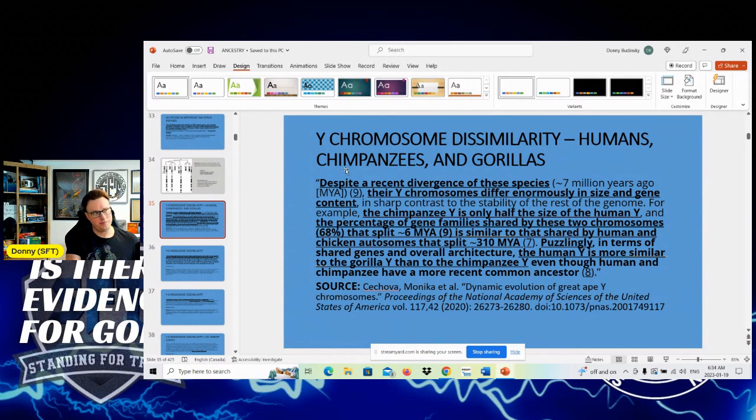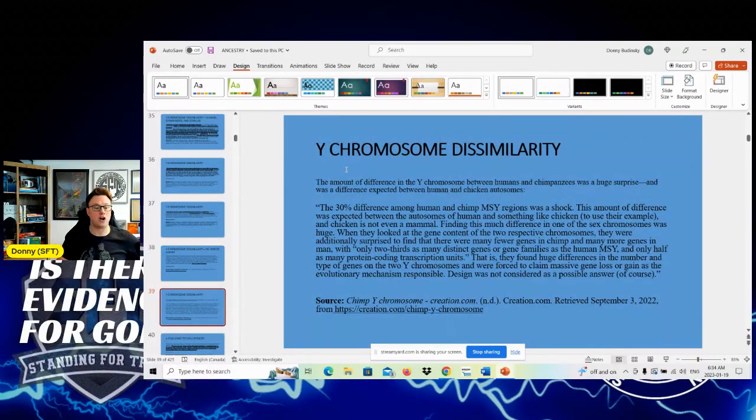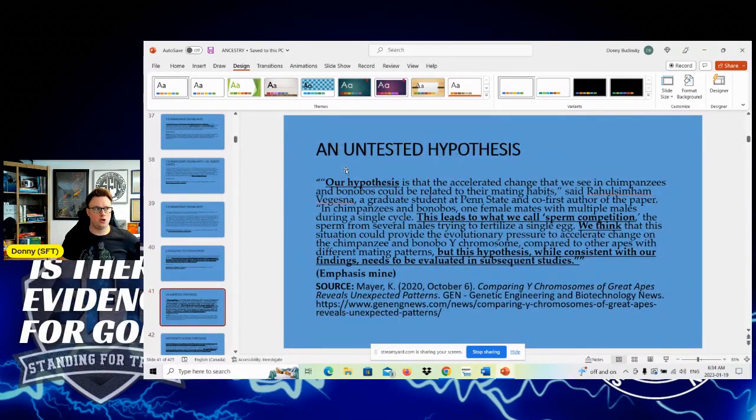It is confusing to the evolutionary community, because according to them, we share a more recent common ancestor with the chimpanzee and not the gorilla. And yet the human Y and the gorilla Y are more similar to each other than either are to the chimpanzee Y chromosome.